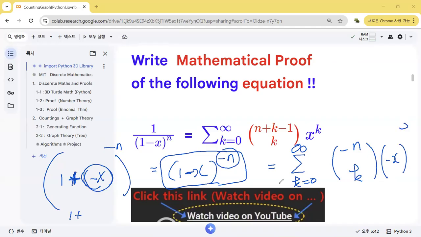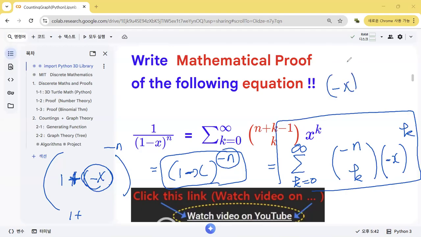Okay, so this one is equal to this one. But (-x)^k is equal to (-1)^k times x^k. So you can replace this one with (-1)^k, and then you can erase this minus sign here. Okay. So this is okay.